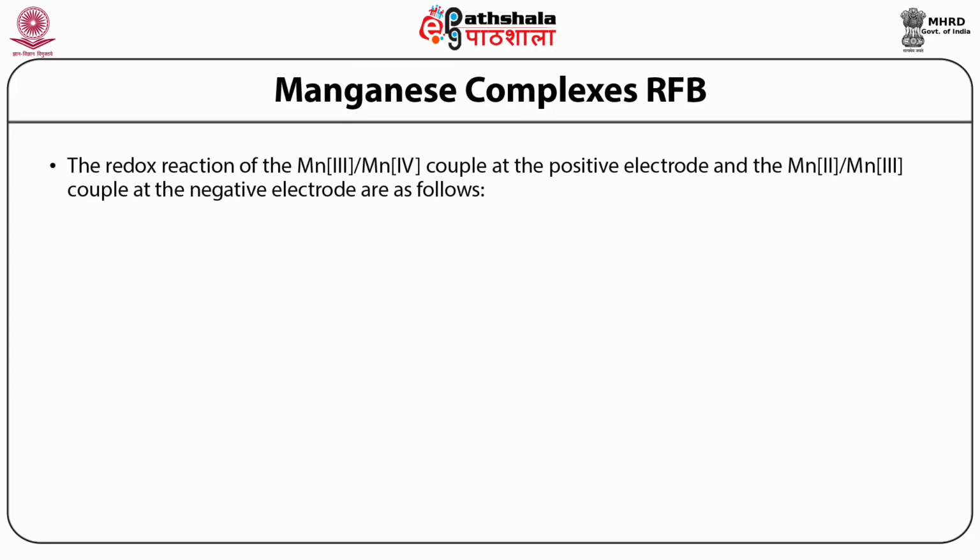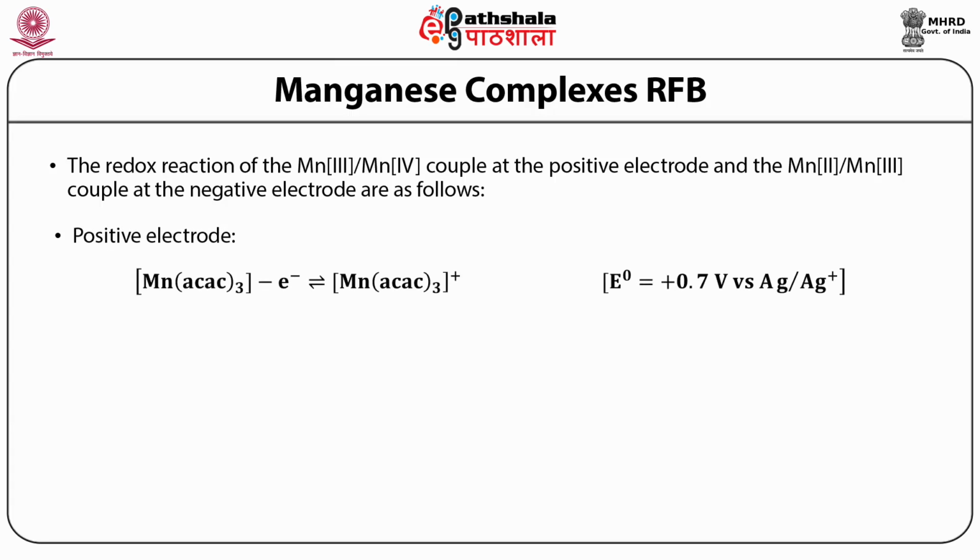The redox reaction of Mn3+/Mn4+ couple at the positive electrode and Mn2+/Mn3+ couple at the negative electrode are as follows. At positive electrode, Mn(acac)3 minus an electron gives Mn(acac)3+ with E naught equal to 0.7 volts versus Ag/Ag+.